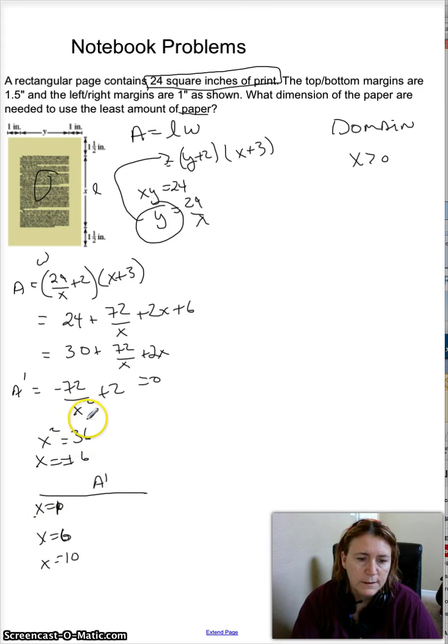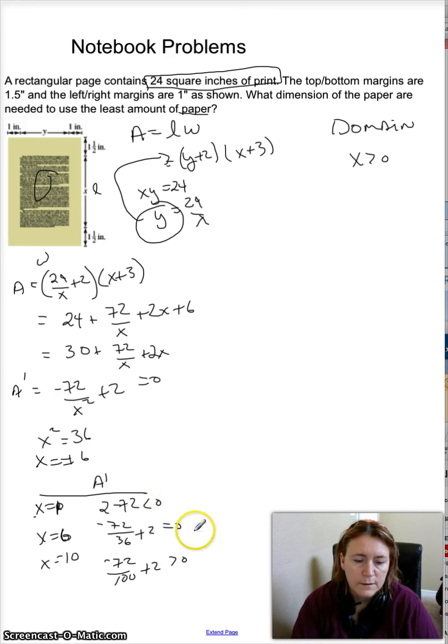When x is 1, the derivative is going to be negative because this is going to be 2 minus 72, which is negative. At x equals 6, it's negative 72 over 36 plus 2. Well, that's 0. That's really good. And at 10, what do we have? We have negative 72 over 100 plus 2, and this is positive. So indeed, we do have a minimum because the derivative goes from negative to positive.